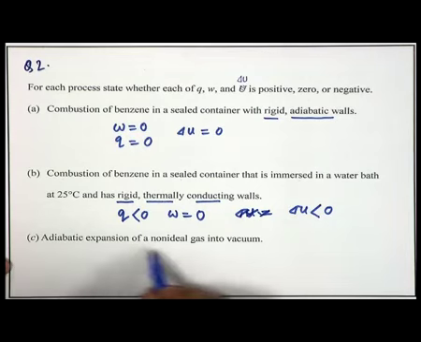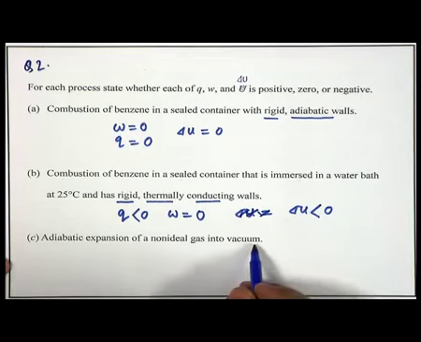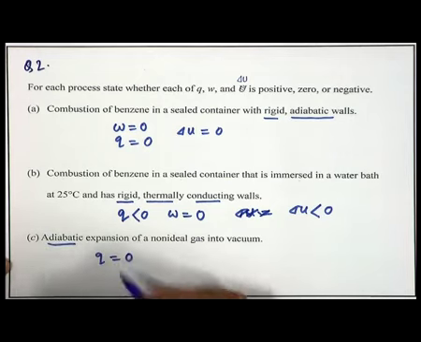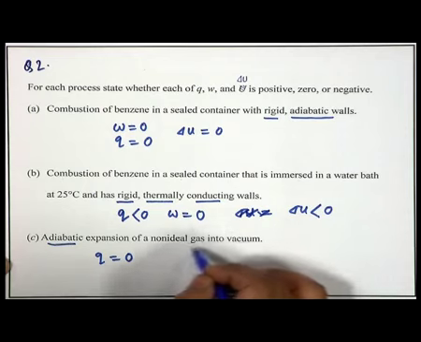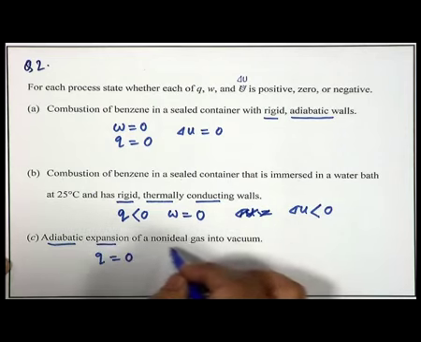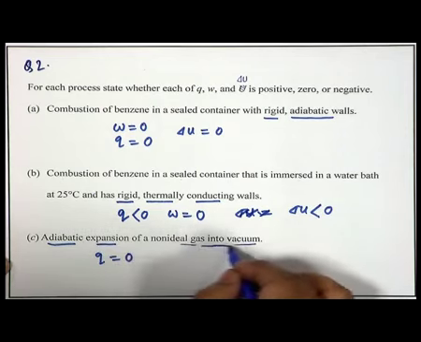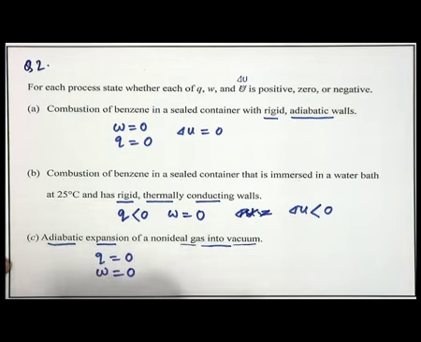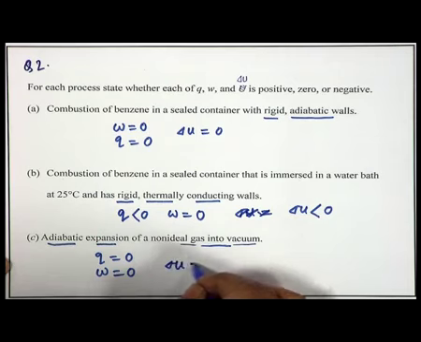C, adiabatic expansion of a non-ideal gas into vacuum. Adiabatic, so Q is 0. It is expansion into vacuum, and for expansion into vacuum we know W is 0 and ΔU is 0.